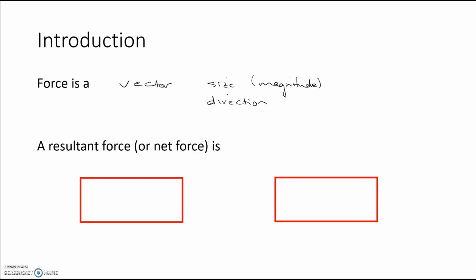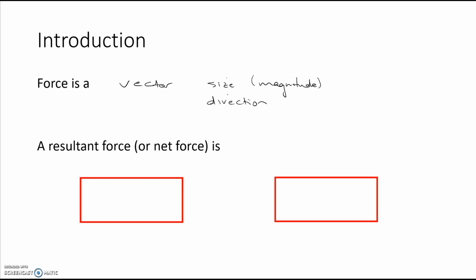And a resultant force, and again we looked at these in the vectors videos as well, a resultant force or a net force is produced when 2 or more forces are added or subtracted when we're using vectors. When a resultant force acts on an object, the object's going to accelerate in the direction of the resultant force.